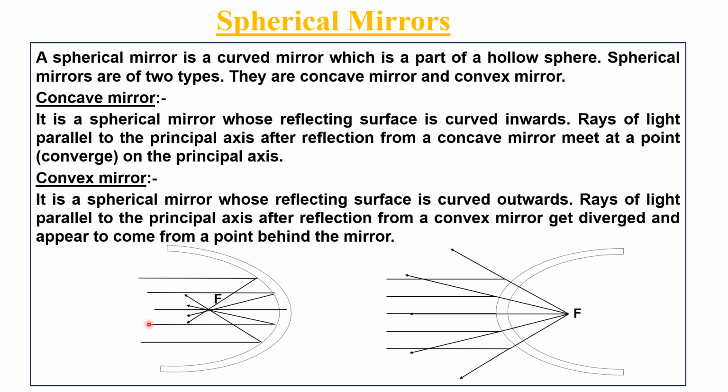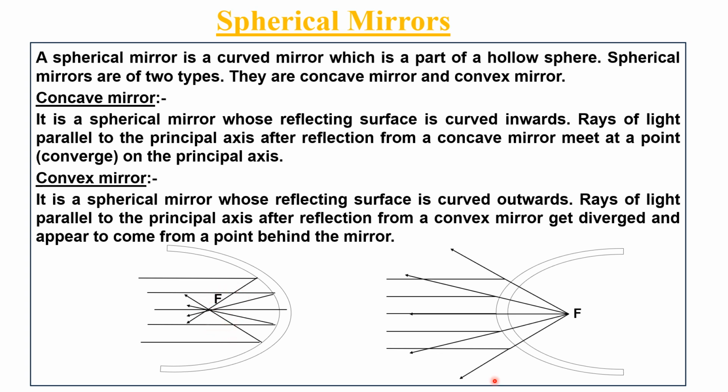The rays of light parallel to the principal axis, after reflection from a concave mirror, all meet at a point on the principal axis. So it is converging. Next is the convex mirror.